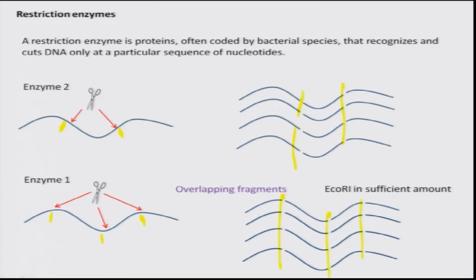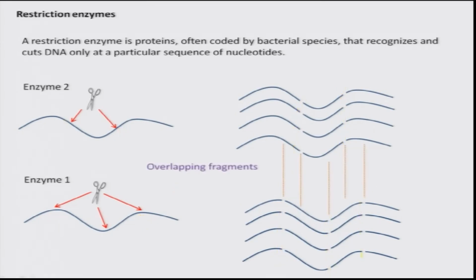What is interesting is that if you look into these 2 fragments which represent the 2 different digests, there are overlaps. For example, this fragment overlaps with this fragment, whereas this fragment overlaps with the same fragment. So this fragment is able to connect these 2 fragments. Likewise, this fragment is able to connect this and so on.